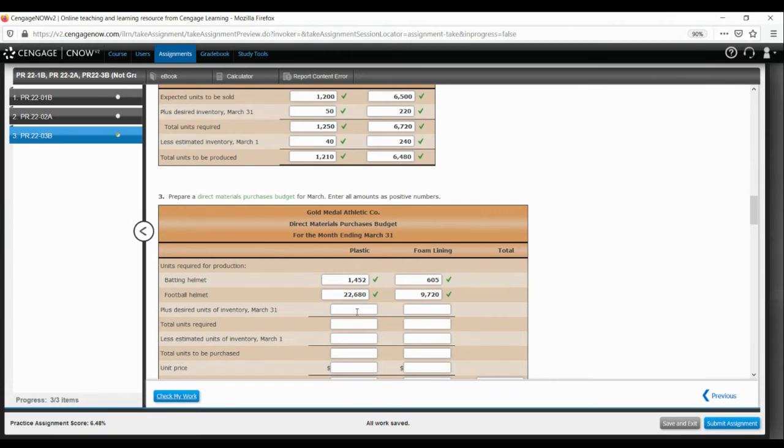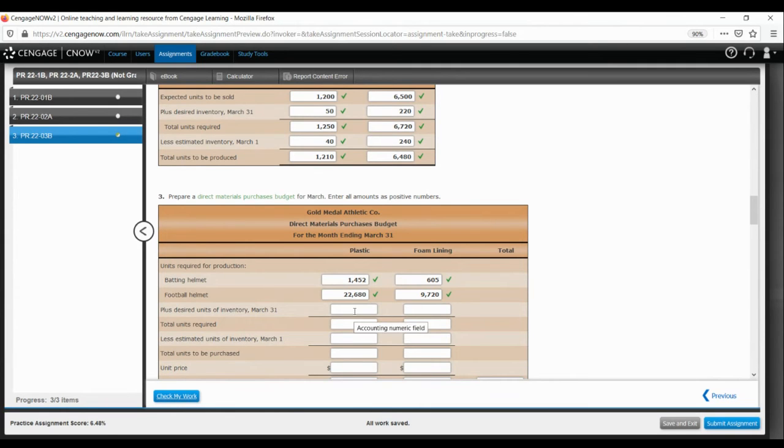Or maybe we will get some materials that are defective or inferior, and it's going to take more materials than we had anticipated. We want a cushion or a buffer of the amount of the desired ending inventory units so that we'll have enough materials in case there are mistakes that are made or we have inferior materials products that we're working with.